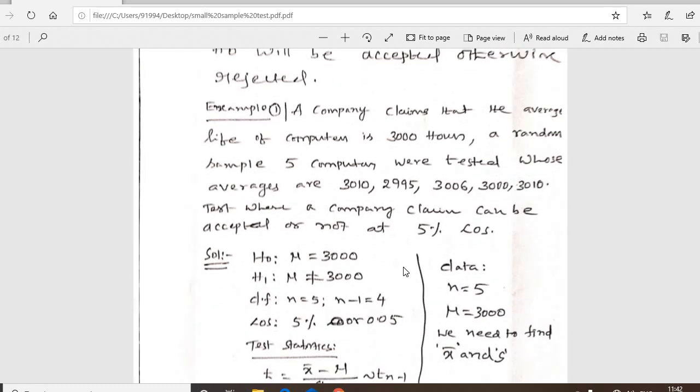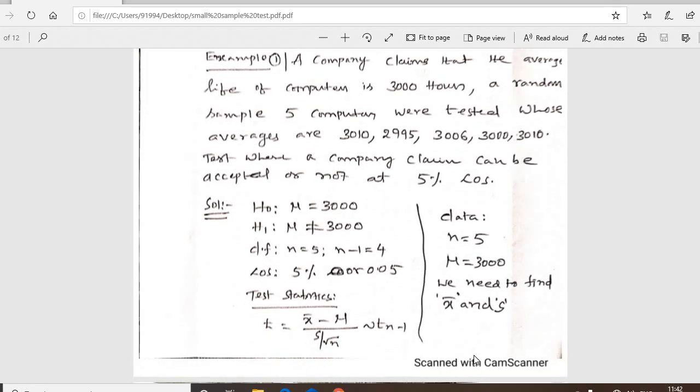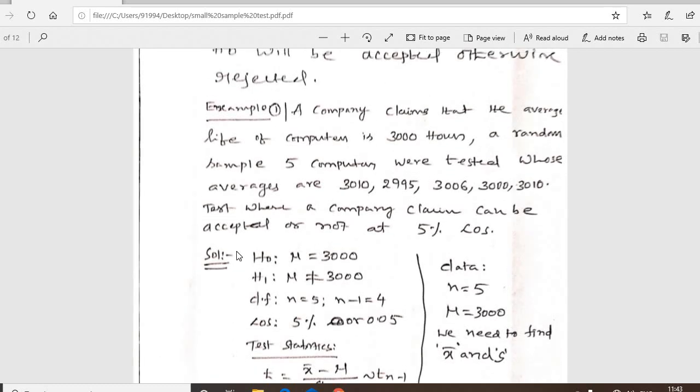Okay. So first of all, the solution: define first the null hypothesis, then the alternate hypothesis, then the level of significance, then the test statistic, then the conclusion. So this is the procedure we already know. Now define the null hypothesis: mu equal to 3000, the given average life of a computer. The alternate hypothesis is mu not equal to 3000.